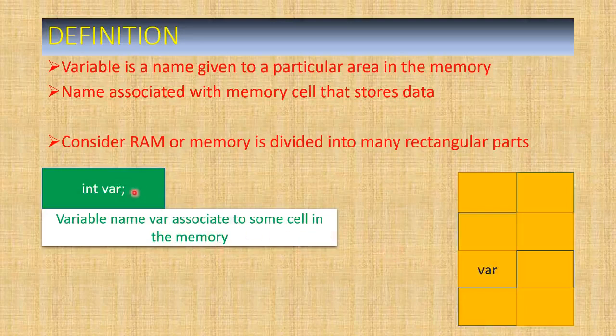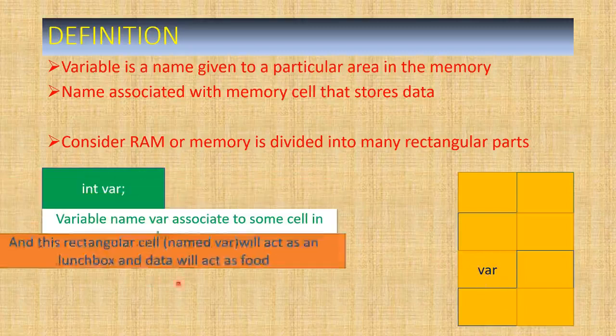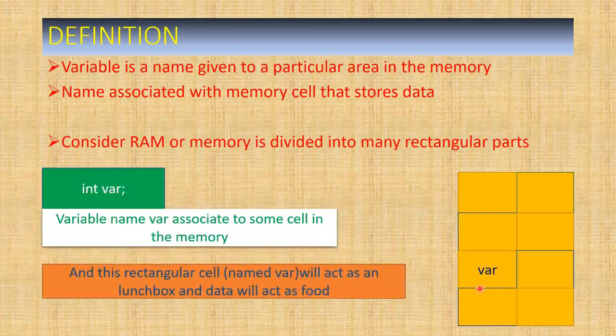That means the name of the variable will be associated with some space in the memory. That's what the definition says, that a variable is a name given to a particular area. So once you declare the variable whose name is var, then a lunchbox named var will be activated in the memory, and you will be able to store data in this place where the variable is declared.